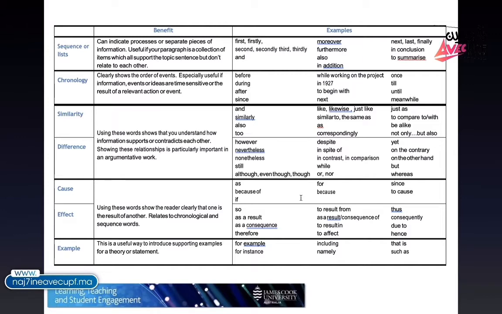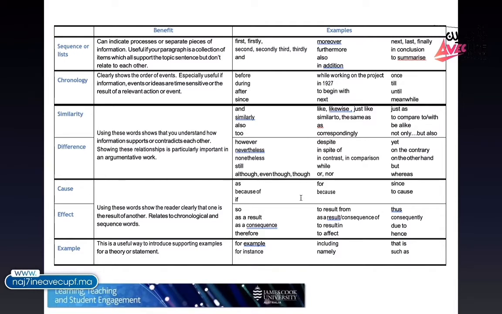Similarly, also, likewise, and so on. These are equivalent, synonyms. When we go to differences we use however, which means there is a contradiction. For example: I want to go to the party, however I'm sick. Nevertheless, nonetheless, even though, although, still. These are technical terms, linking words, that support information or contradict each other.